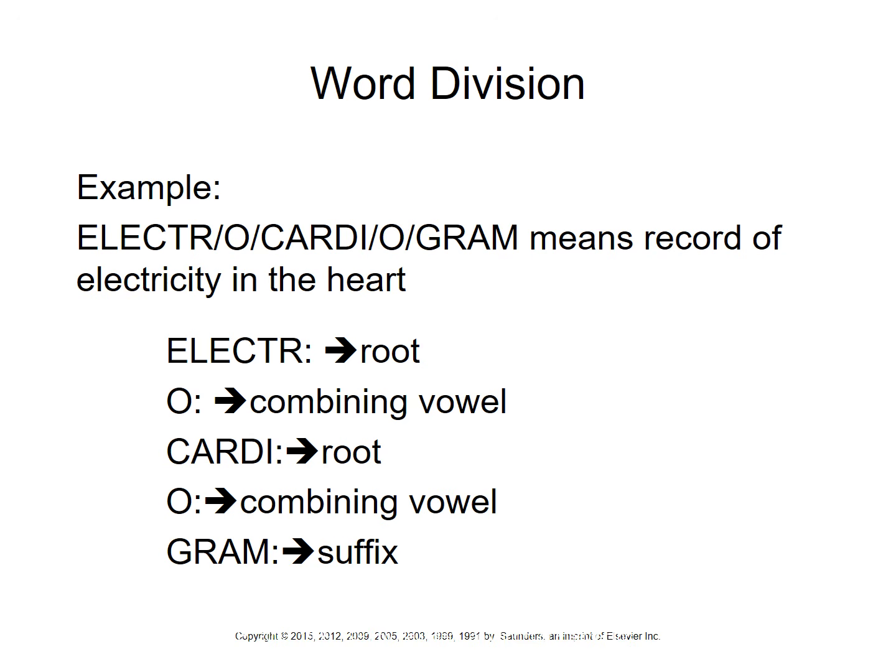Another combining vowel, O, and then the suffix in this case would be gram. If I define this word, once again I'm going to start at the back. Gram means to record, electro is electricity, and cardio means heart. So electrocardiogram literally translates into a recording of the electricity of the heart.